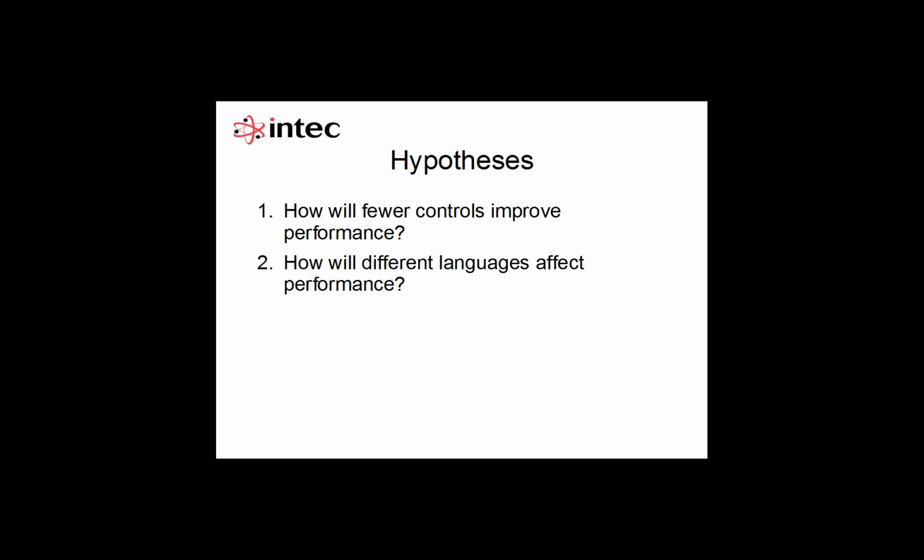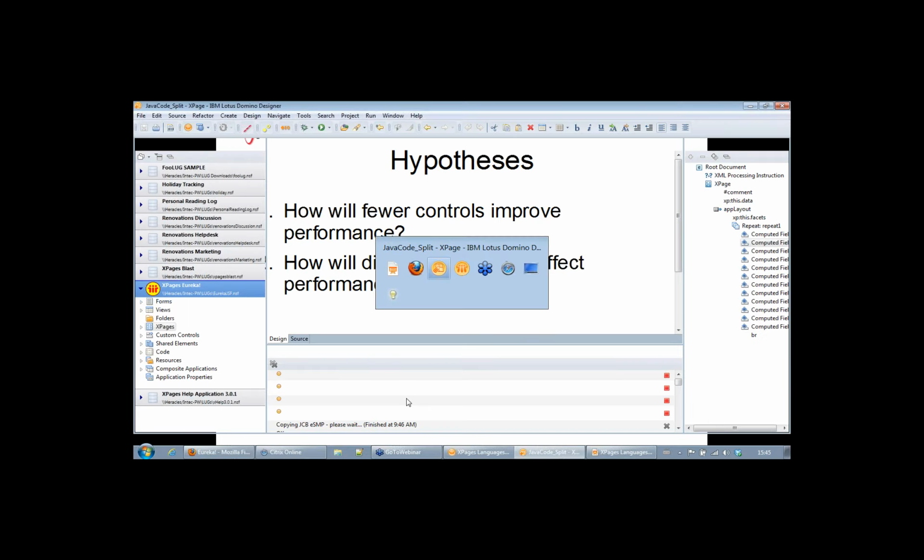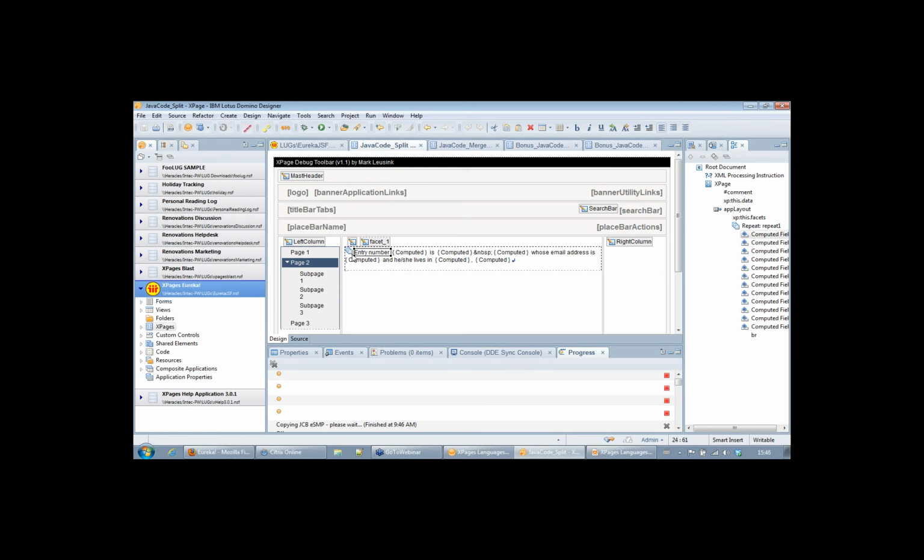So let's start thinking about that and think about what impact using fewer controls on the XPage will have, and how the different languages affect performance. To test that, I'm using a simple repeat control to really test its overall performance.